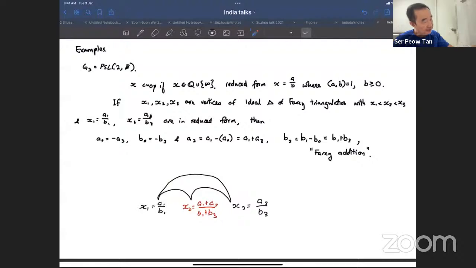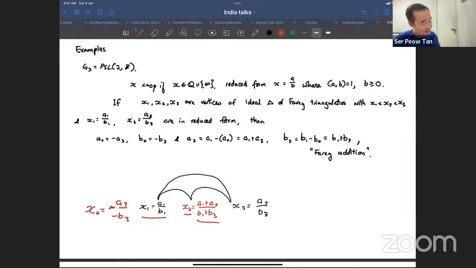Well, I had x0 equal to minus a3 over minus b3. Then x1 is a1 over b1. Then for x2, a2 is equal to lambda a1, and in this case lambda is equal to 1, subtract minus a3, so it's a1 plus a3.